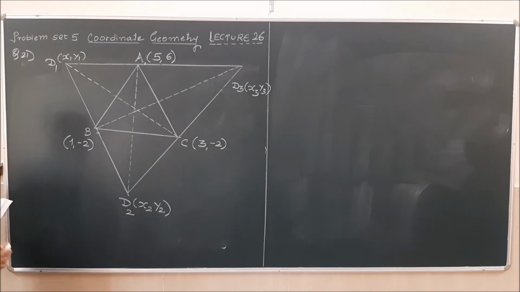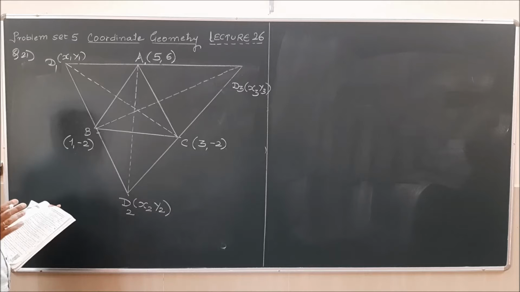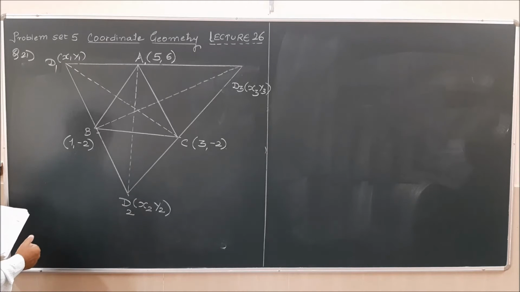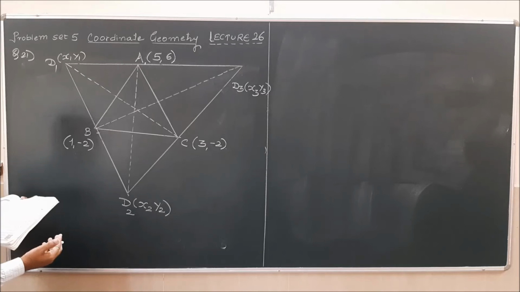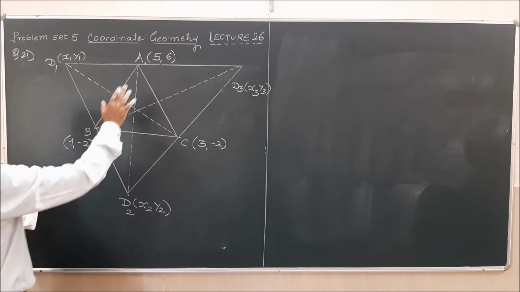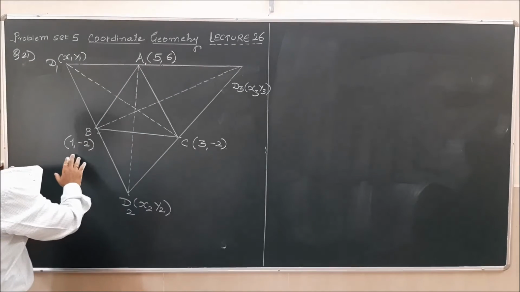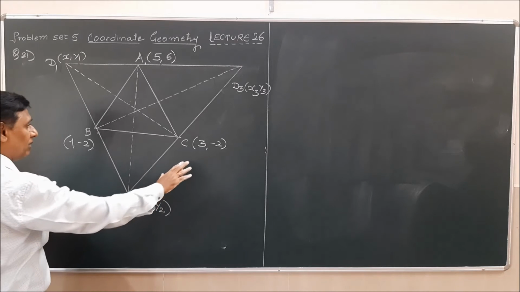This figure is very big, and we have to find the fourth vertex coordinate. Let me check the coordinates first: 5 comma 6, next 1 comma minus 2, and 3 comma minus 2.